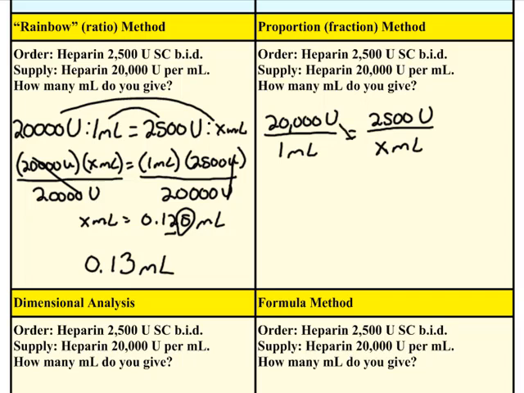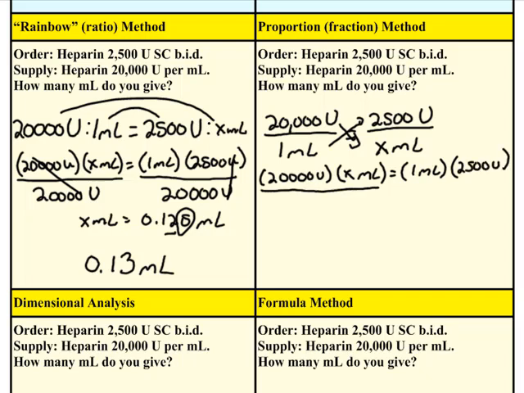To solve for x, we will cross multiply: 20,000 units times x milliliters equals 1 milliliter times 2,500 units. To solve for x, we will divide both sides by 20,000 units, isolating our x and getting milliliters by itself.